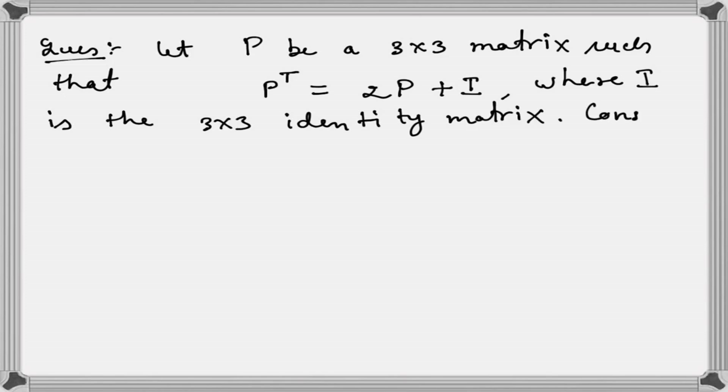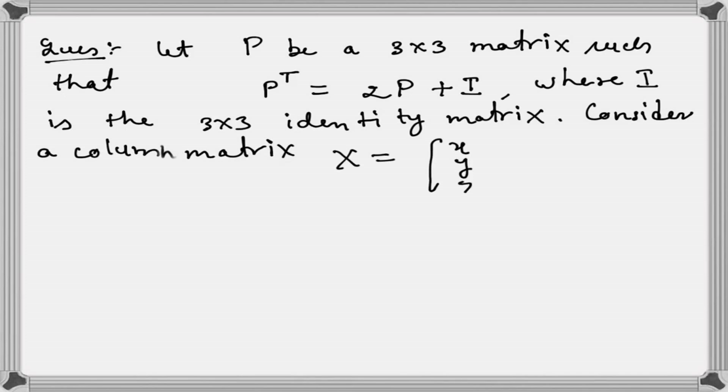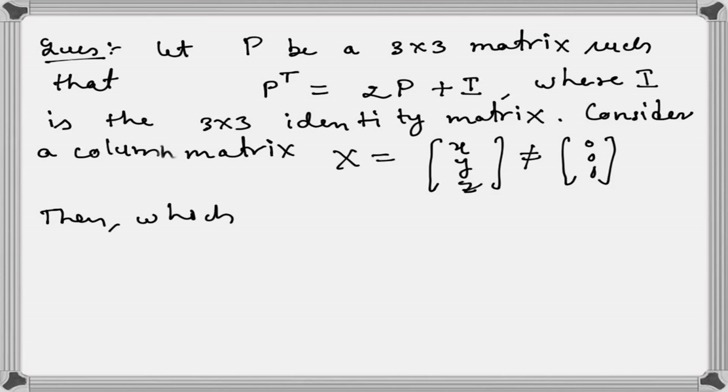Consider a column matrix, which is also called a column vector, X = (x, y, z), which is not equal to 0. That is, we are considering a non-zero vector X. Then which of the following is true?